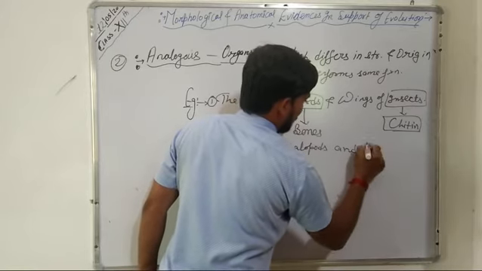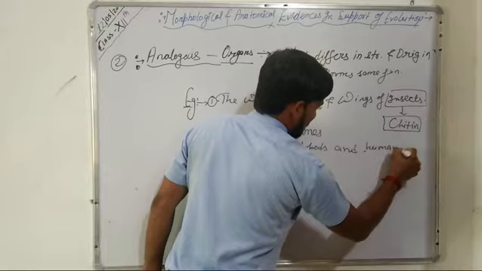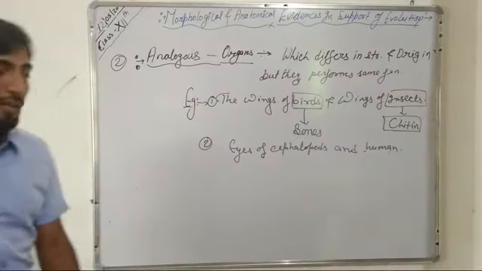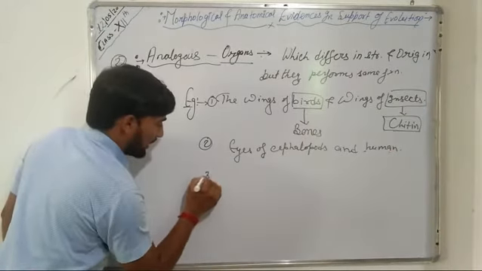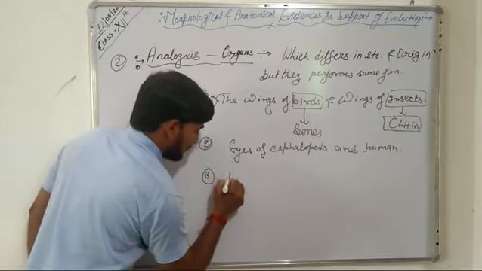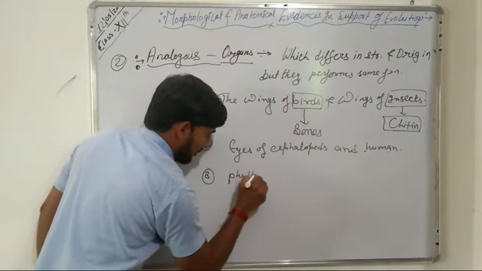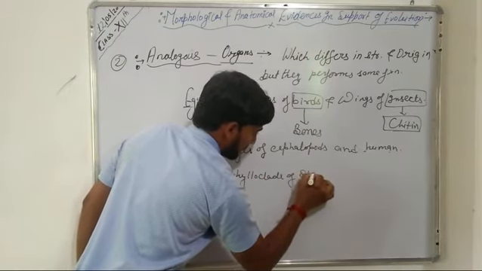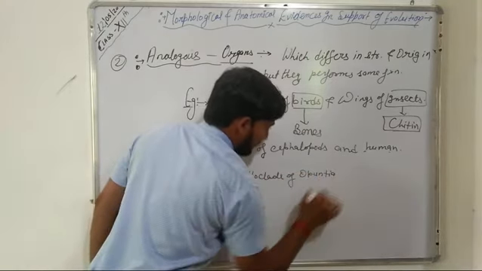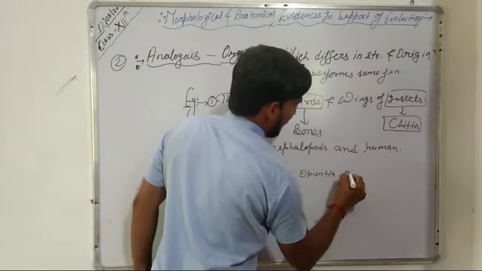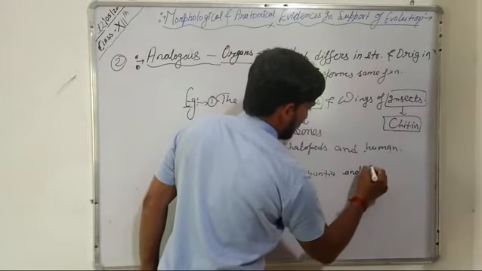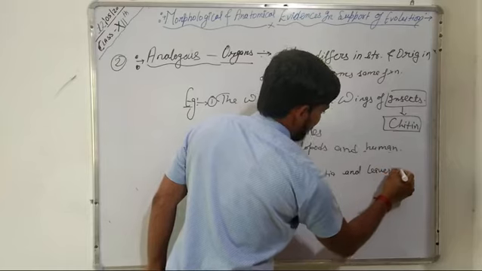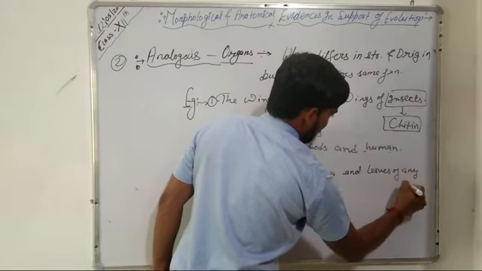Eyes of cephalopods and humans are also an example of analogous organs. Now the third example is the phylloclade of Opuntia and leaves of any plant.